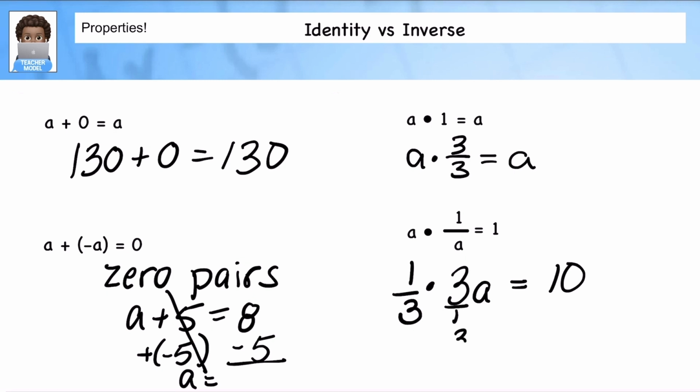I get 3 over 3a, which is the same thing as 1. That is why it's so helpful to have the inverse operation. And we know whatever you do to one side, you're going to do to the other, so you're also going to multiply this side. So again, 2 properties, super helpful just for working with equations when you're trying to isolate your variables.